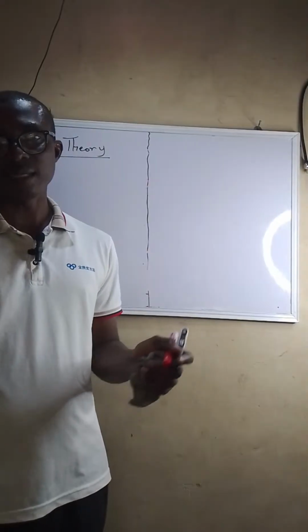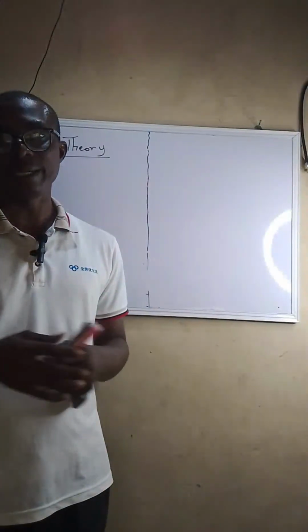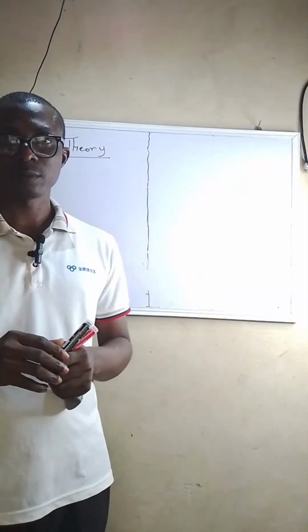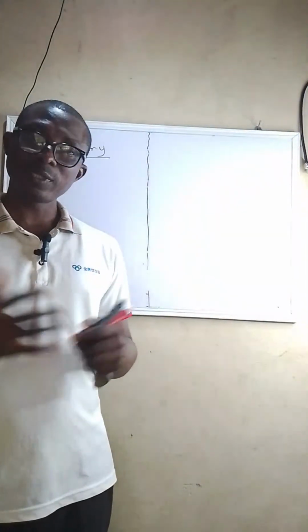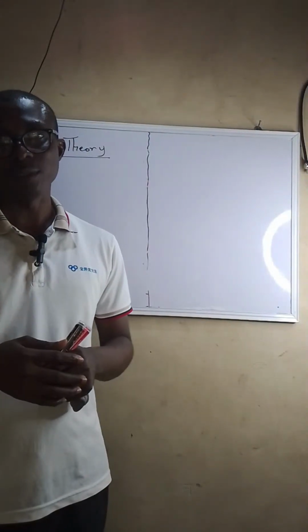But look at an example. If I say set of young people in Nigeria, you will see the word young in this case is ambiguous. It's ambiguous because you will see a man of 60 saying he's still young. You understand?